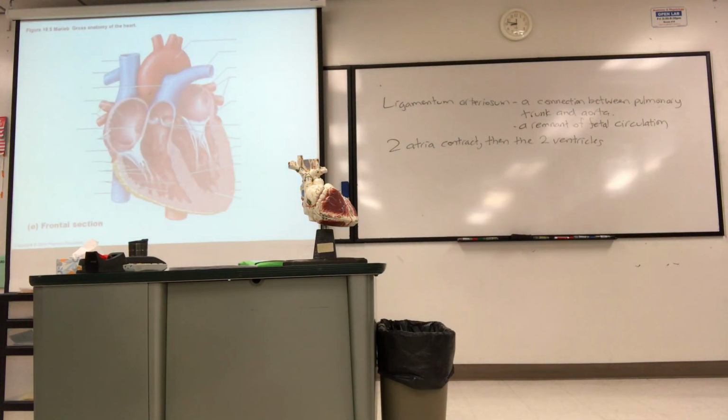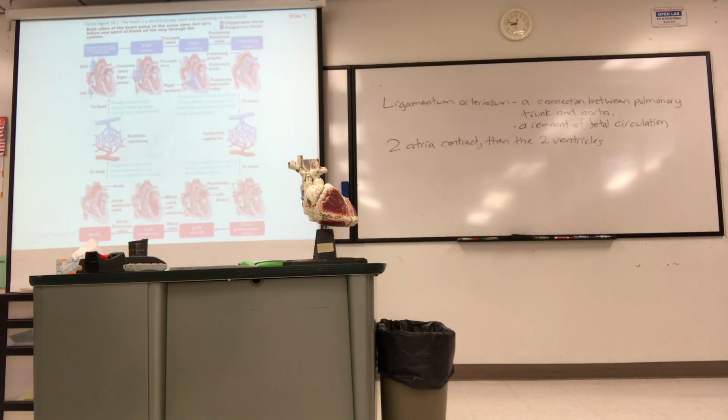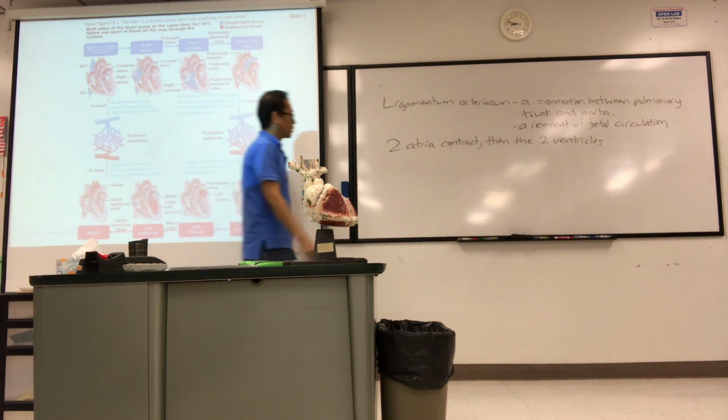which is basically, we already kind of talked about it, but now we're going to get the heart into play here. This is showing you following a drop of blood through both circuits again. Now that we have some of the heart anatomy under our belts, we can go through it.